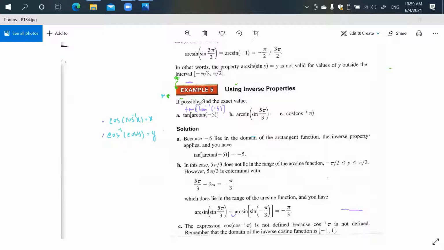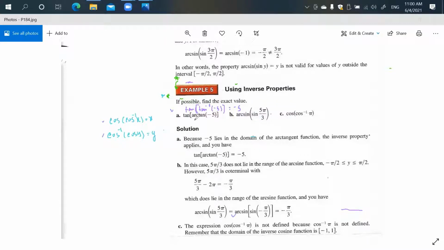From the property of inverse trigonometry we just talked about in the table, you can say it equals negative 5. So this case works, this is correct.